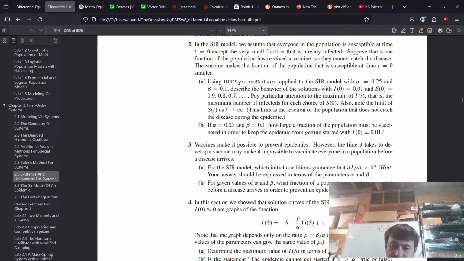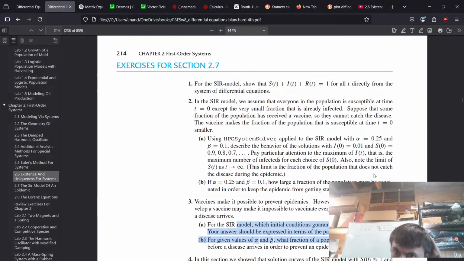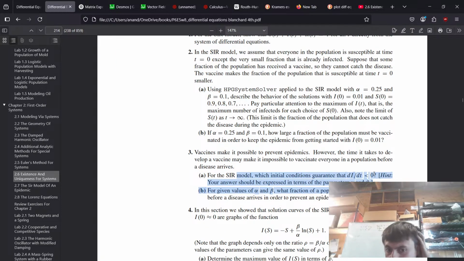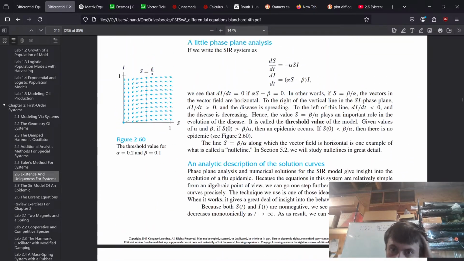Well, if there's no susceptible people, but your answer should be expressed in terms of the parameters A and B. For given values of A and B, what fraction of a population must be vaccinated to prevent an epidemic? Is there a definition of an epidemic? How does that?